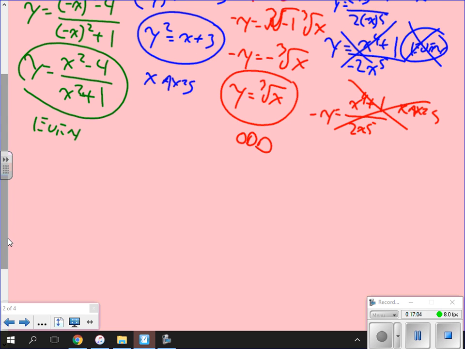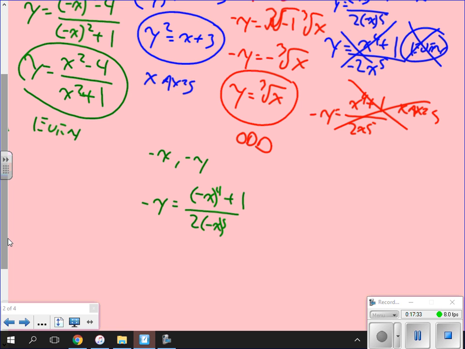So this one here, I want to do it again, only I want to change both to negative x and negative y. So I put negative y equals negative x to the fourth plus 1 over 2 times negative x to the fifth. And simplify that. Okay, what is negative x to the fourth?